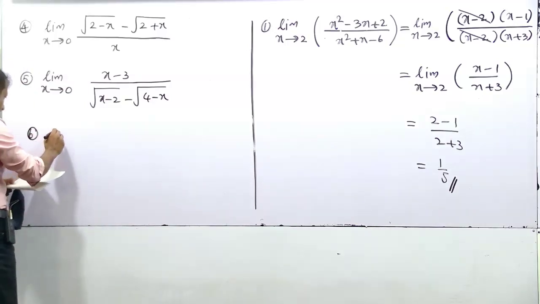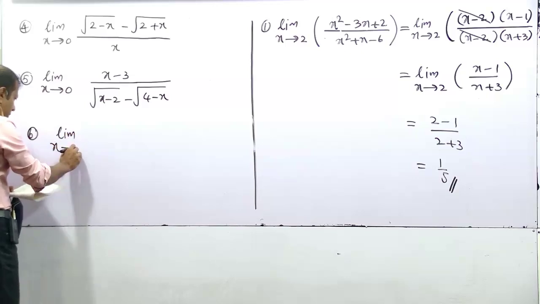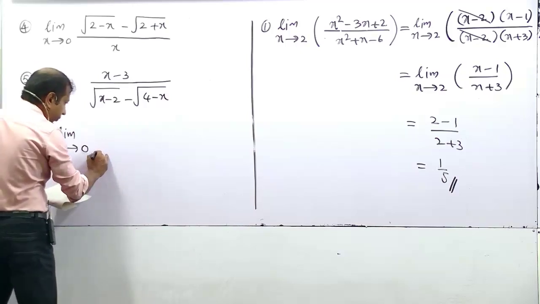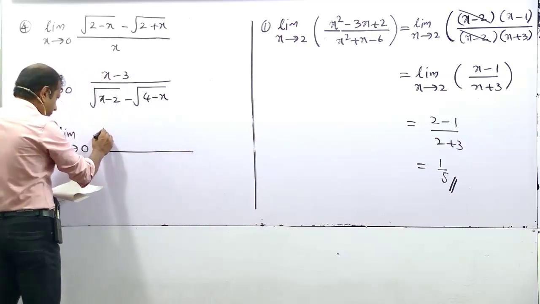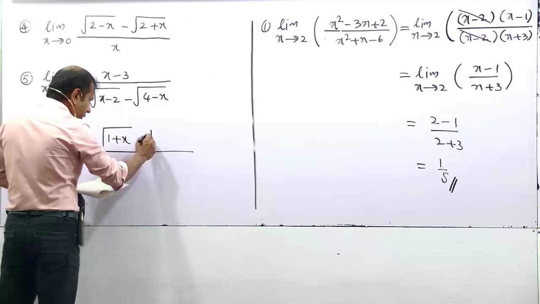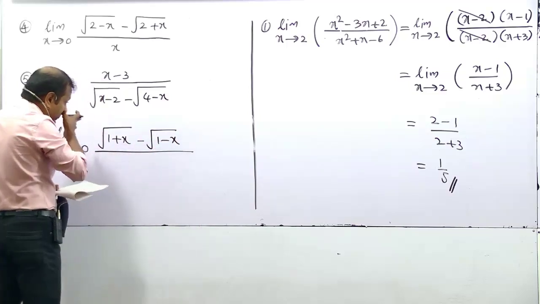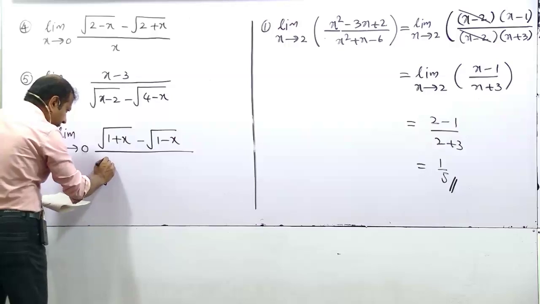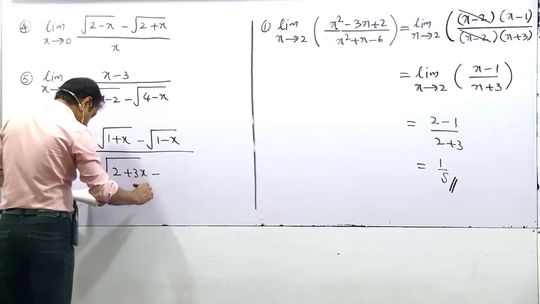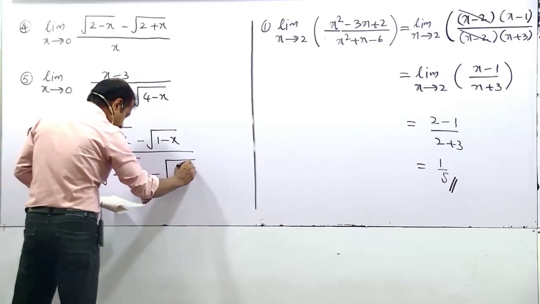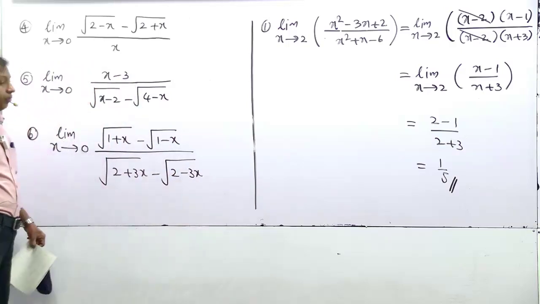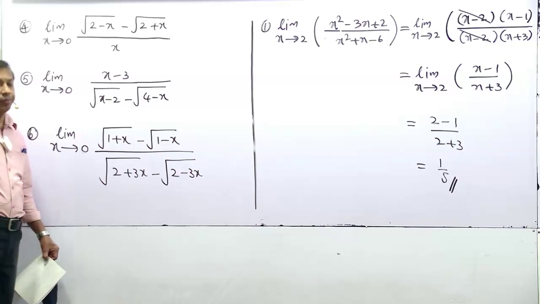Number 6: limit as x goes to 0 of root of 1 plus x minus root of 1 minus x.